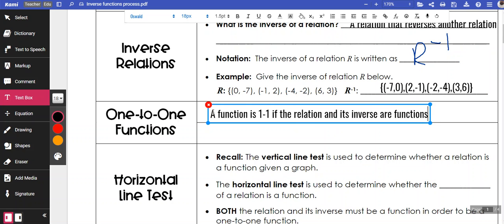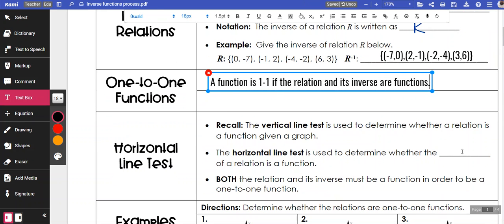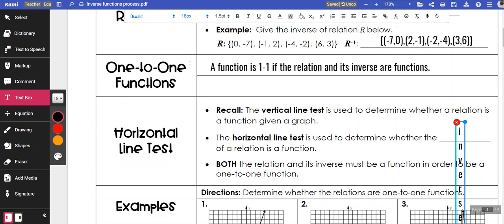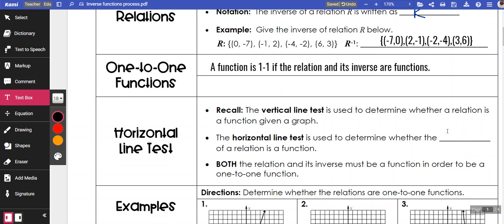However you figure that out is up to you. We talk about the vertical line test. If a function passes the horizontal line test as well, then its inverse is also a function.